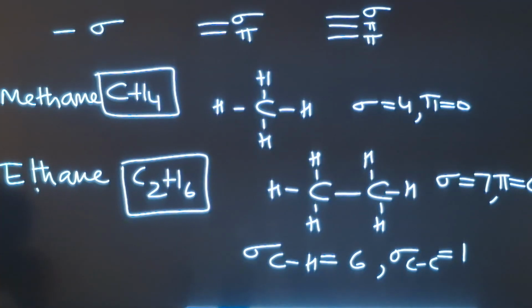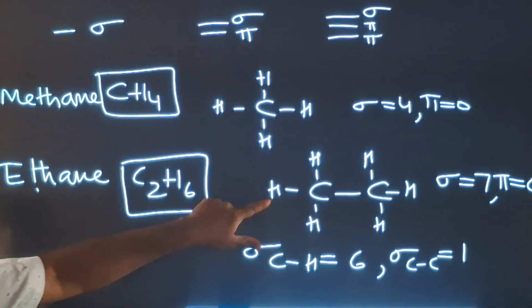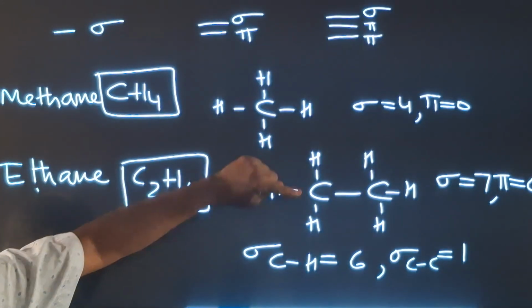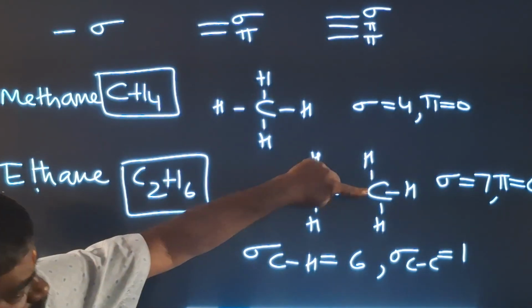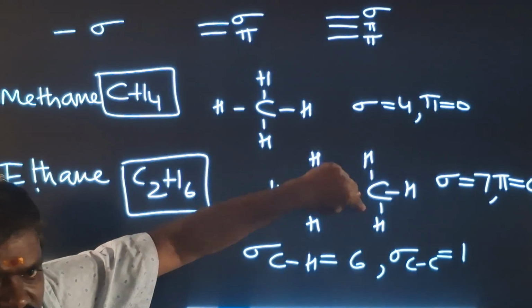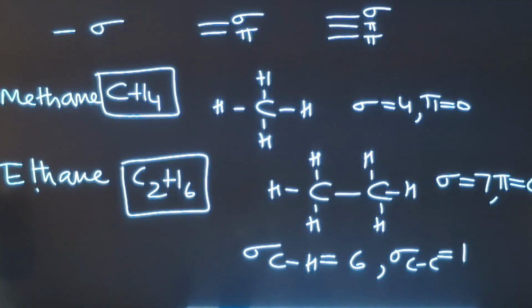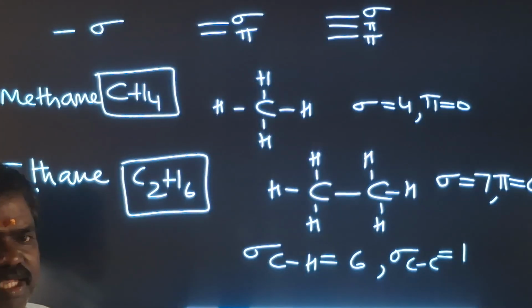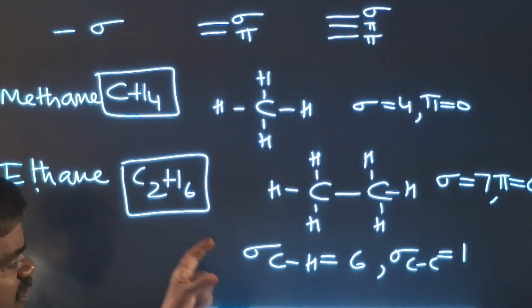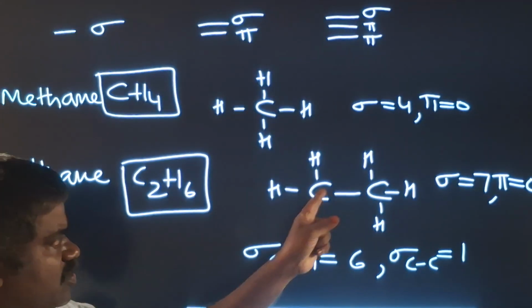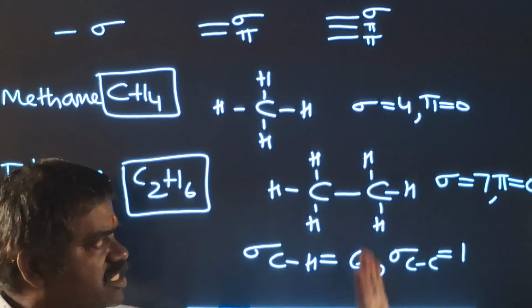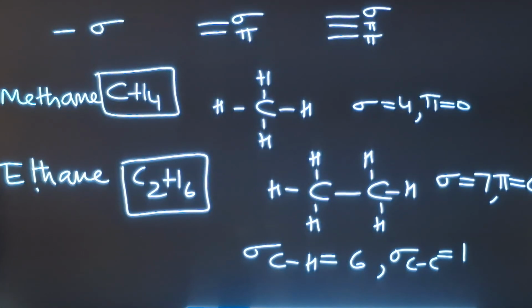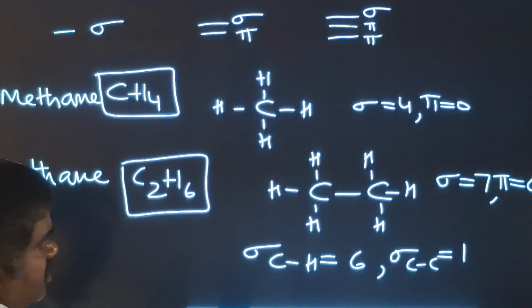In ethane, the CH bonds are 6 and there is 1 CC bond. So the total sigma bonds are 7 and pi bonds are 0. That is about ethane. Understood?